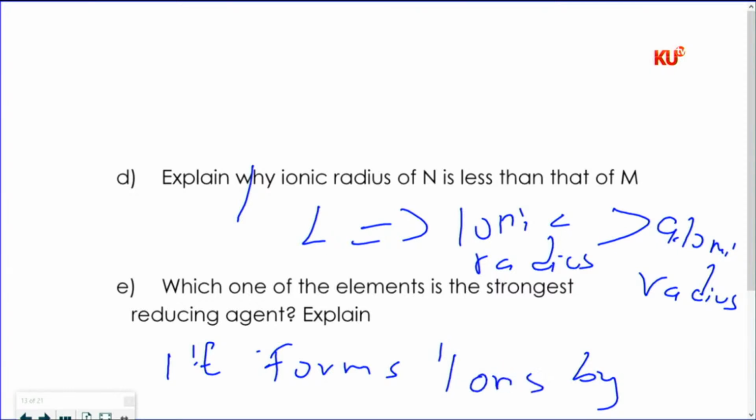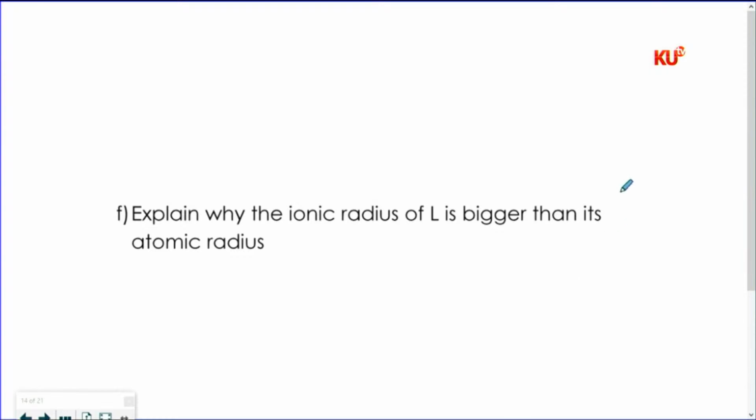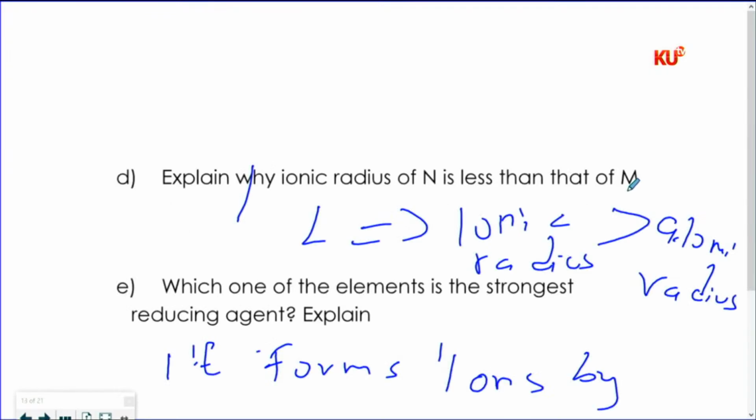And you don't need to give a lot of explanation regarding the formation, how it forms ions. The moment you just indicate it forms ions by losing electrons, that will earn you a mark in an exam, because the examiner will be able to know that you have analyzed the table and you have seen it's a metal, and metals usually form ions by losing electrons.